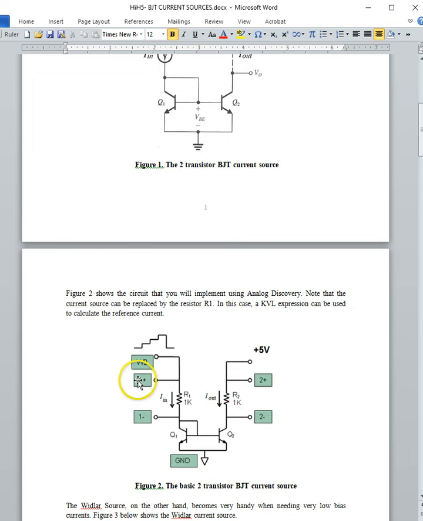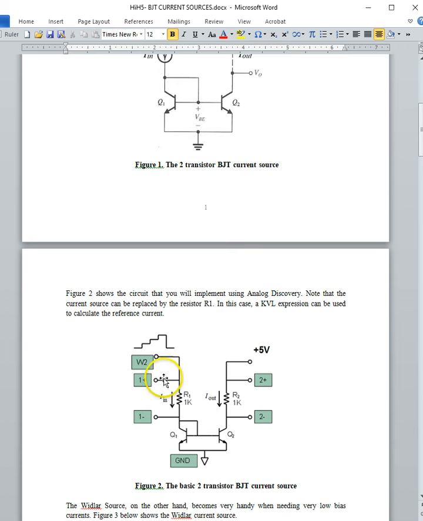So channel 1 goes across the R1 resistor to observe the input current, and channel 2 plus and 2 minus goes across resistor R2 to measure the output current. And we should see the waveform here matching the waveform over there because they should be roughly equal.